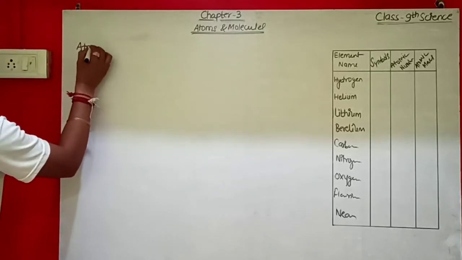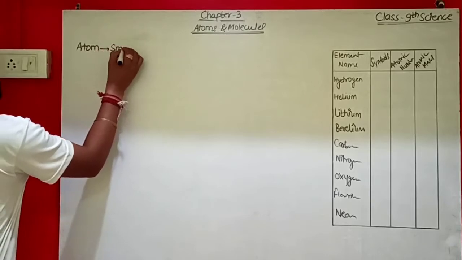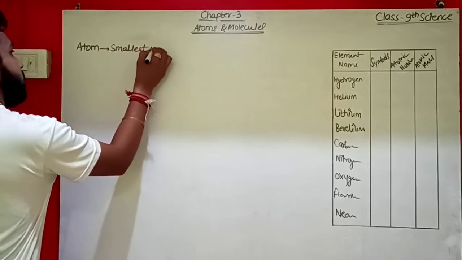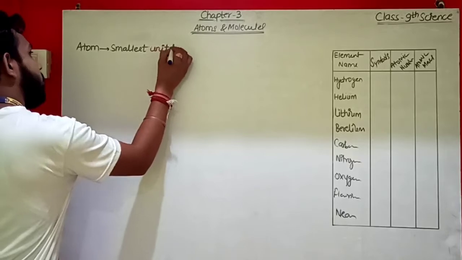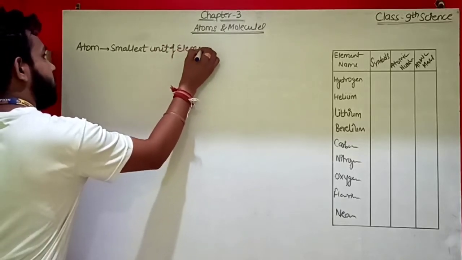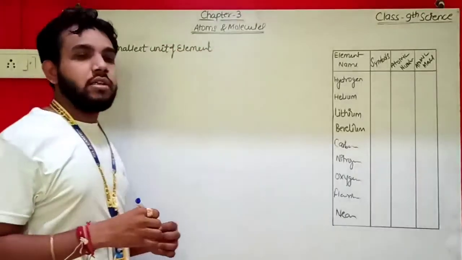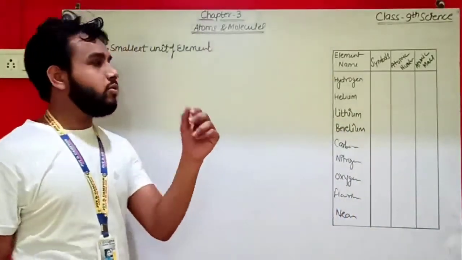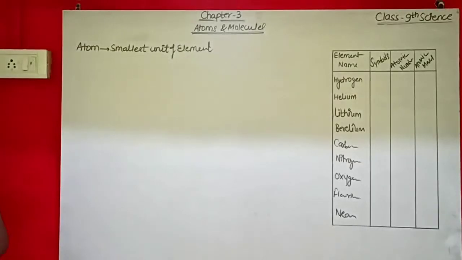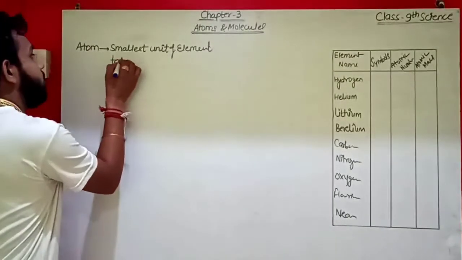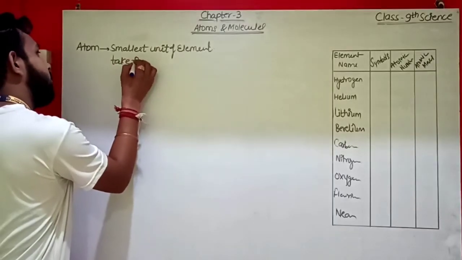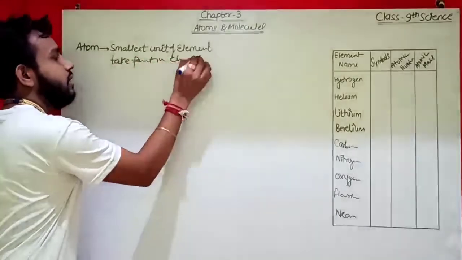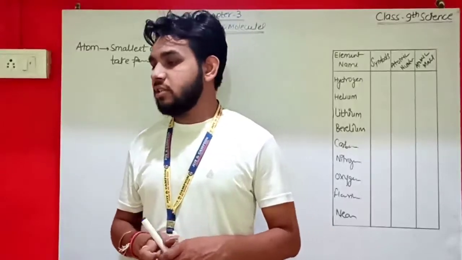Atom is the smallest unit of an element. That means एटम इज द स्मॉलेस्ट यूनिट ऑफ एलिमेंट. एलिमेंट की सबसे छोटी यूनिट होती है, इसको हम क्या बोलते हैं? एटम्स. And which can take part in chemical reaction, जो केमिकल रिएक्शन में पार्ट लेते हैं.